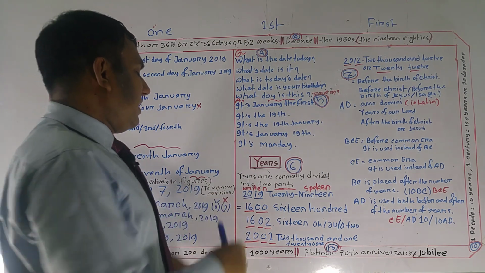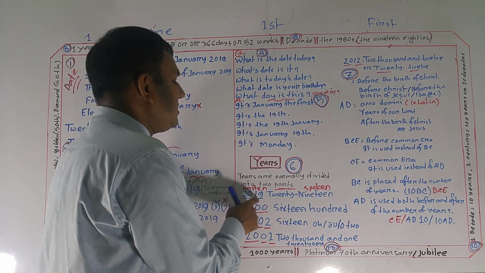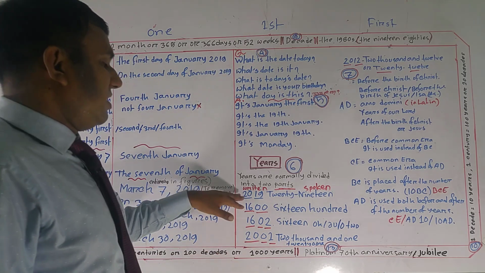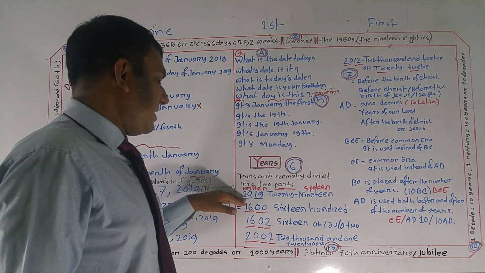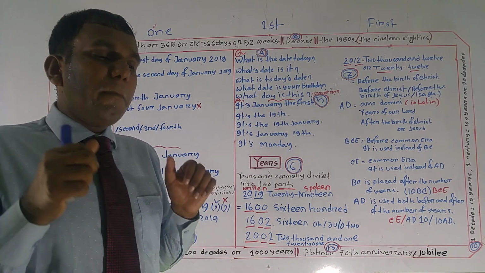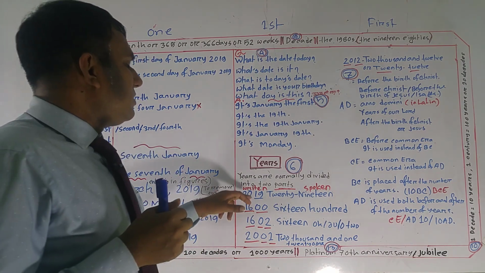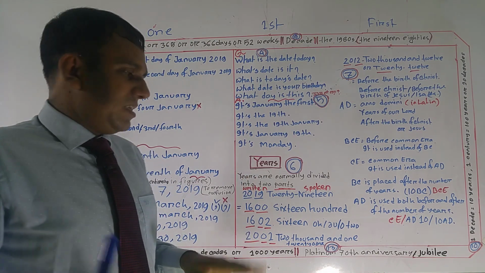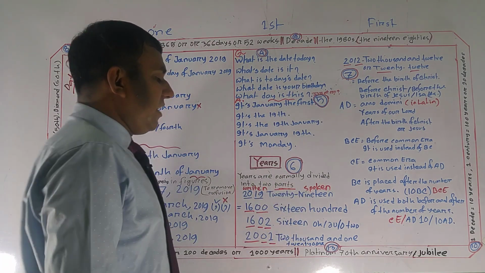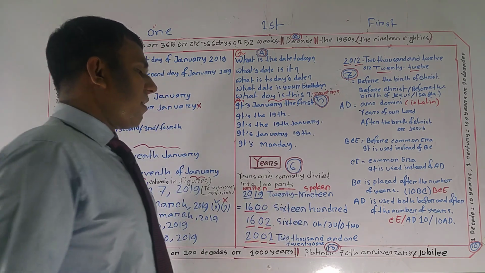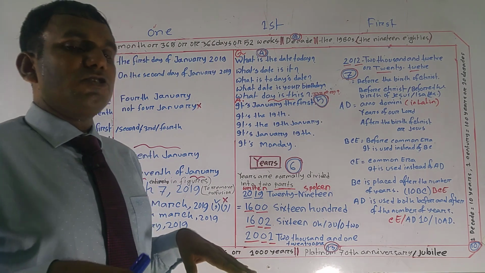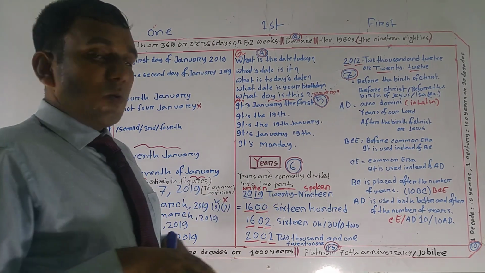2019. In numerals sometimes we say 'two thousand nineteen', but at the time of telling the years you must drop that; you will say 'twenty nineteen'. In writing, between these 2 numbers you must use a hyphen as a compound word.